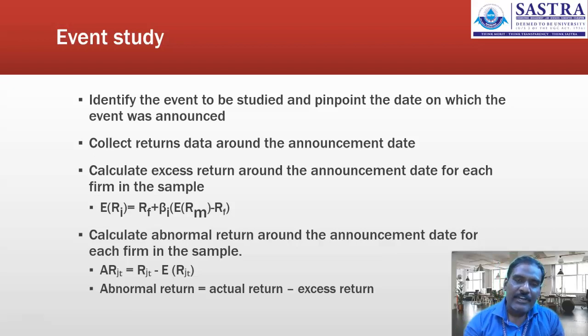The excess return is calculated based on the risk-free rate prevailing in the market for the specific period of time, and you subtract the beta, or the return generated by the market, the risk associated with the market. The risk premium is calculated, and you can find the excess return, the expected rate of return required from the market.